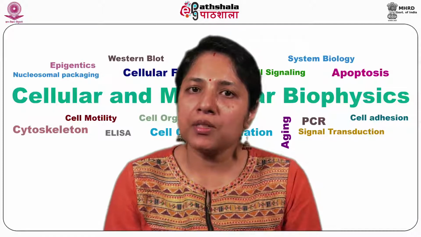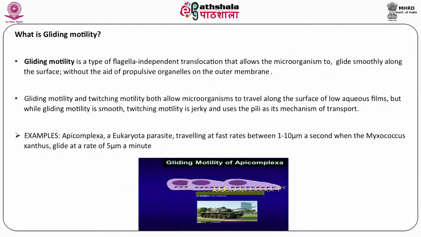Now, next coming up is gliding motility. Gliding motility is a type of flagella-independent translocation that allows the microorganism to glide smoothly along the surface without the aid of any propulsive organ.